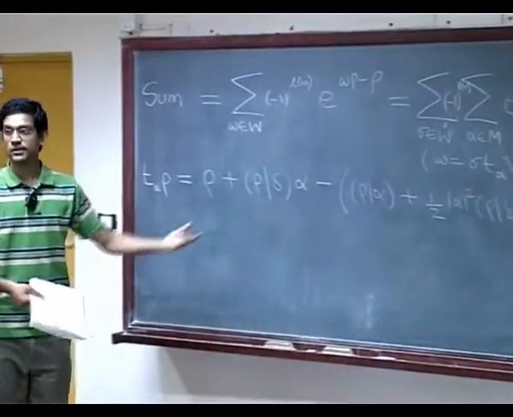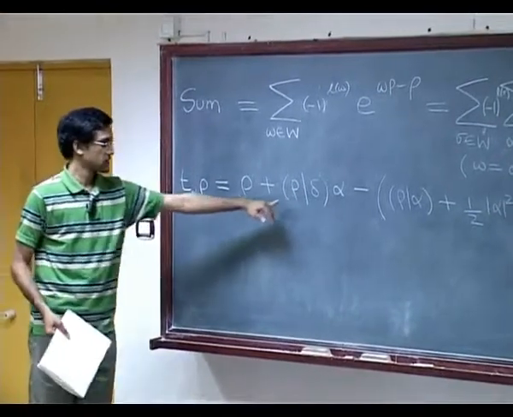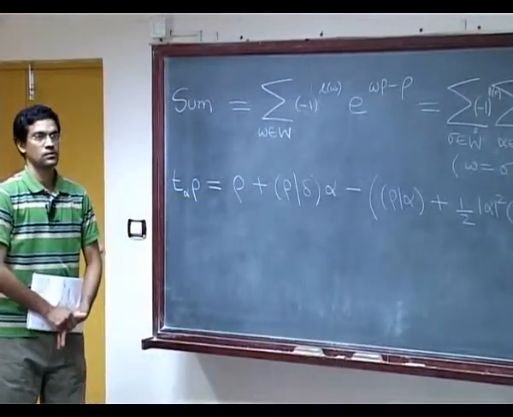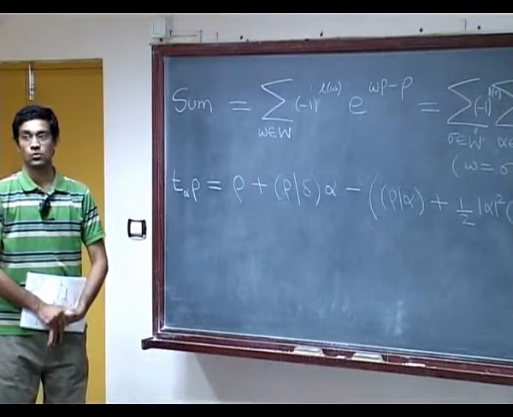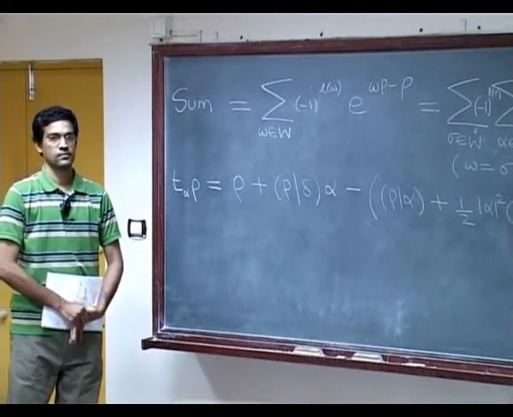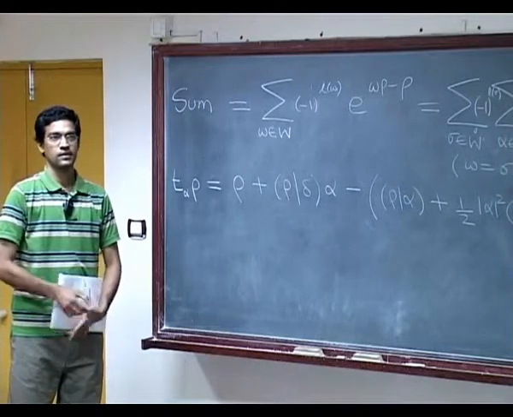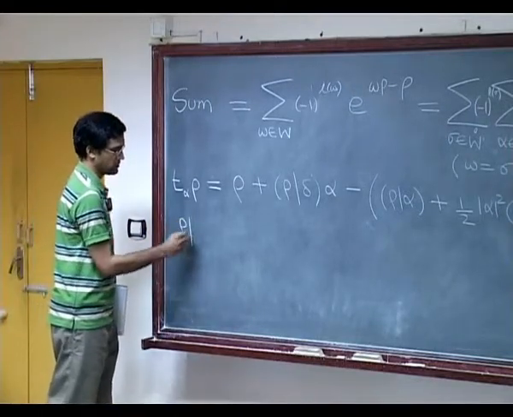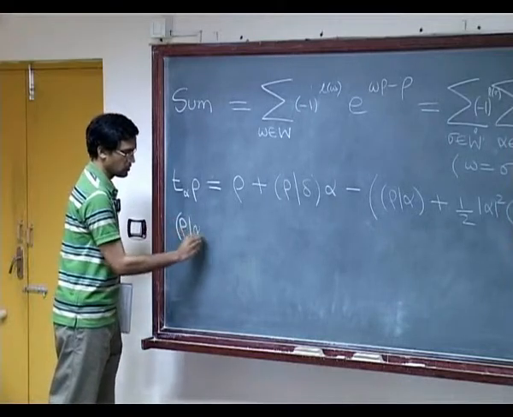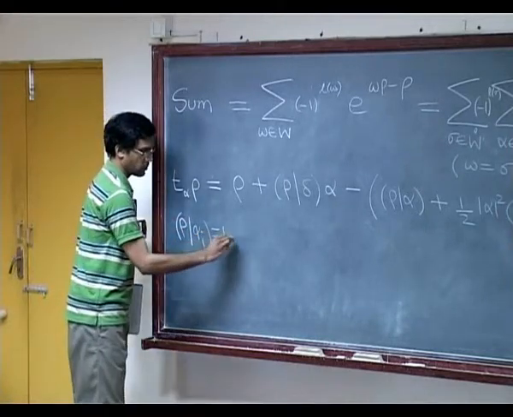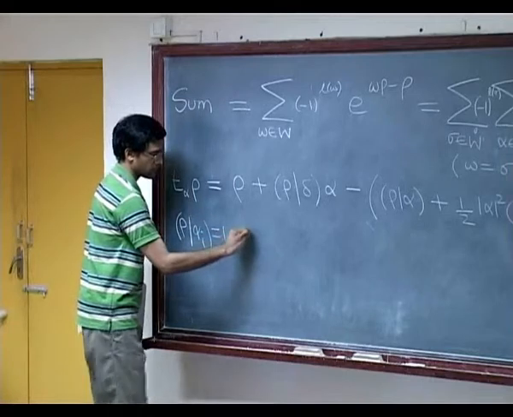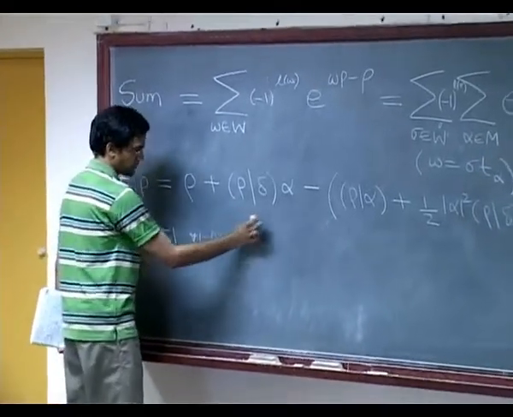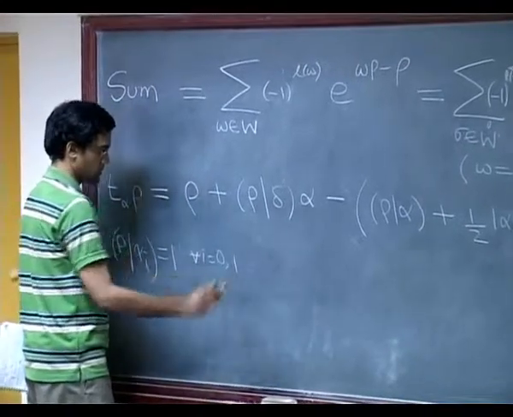Now in the case of SL2, does anyone remember what we got when we did the SL2 computation? What was rho delta? It was 2. Right? We did that computation. We said rho is that element which has the property that, at least in the case of SL2, this is 1 for all the simple roots. So there it was 0 and 1.